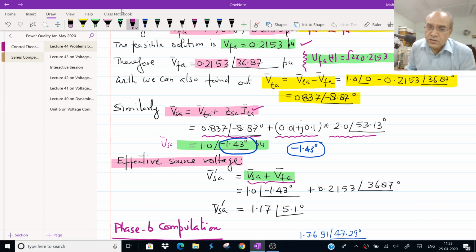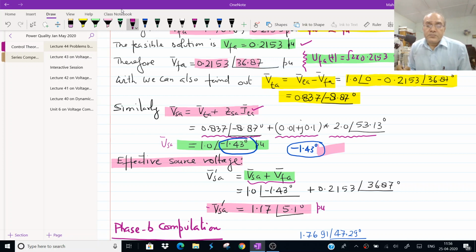So if we join these two voltages on the phasor basis, we get 1.17 angle of 5.1, which shows the angle is positive and the magnitude is good enough to transfer the power from source to the load. Individually the angle is minus, you can see it here, but as a whole, when you take the effect of the DVR, it is perfectly okay, because the power has to flow from the source to the load.